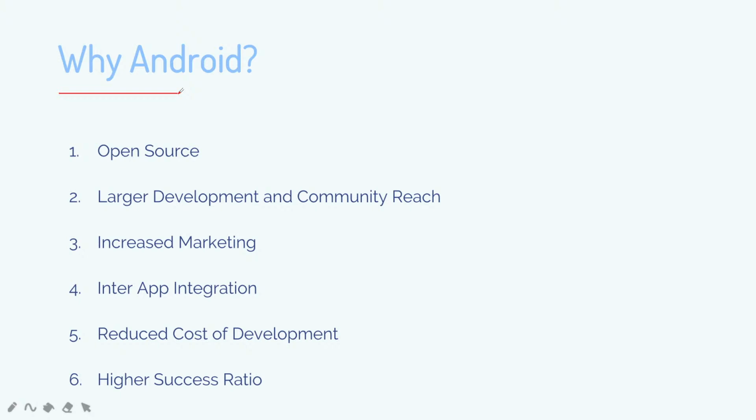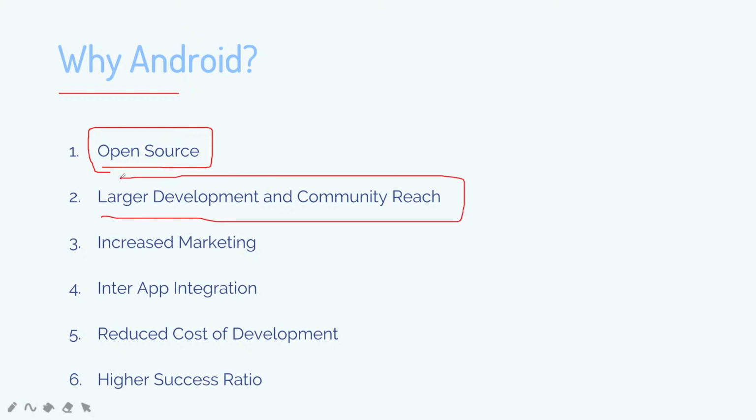Why are we using Android? Of course, this is the important question. First thing is it's open source. Whoever can access or modify their own OS, that is open source. It has large development and community reach and increased marketing.